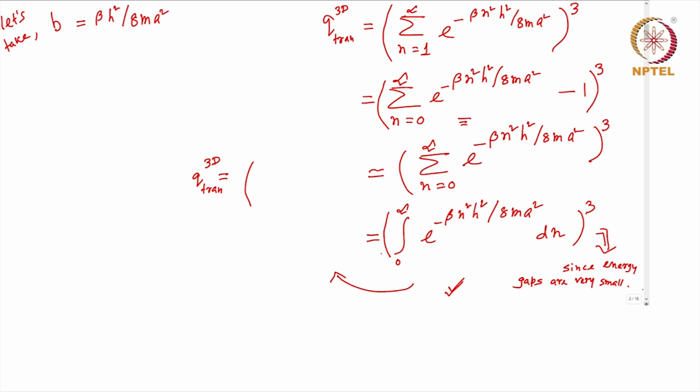So this Q3 we can write as 0 to infinity. I'm just replacing beta h square 8 m square with b, and therefore this would look simpler now, dn e to the power minus b n square, to the power 3.